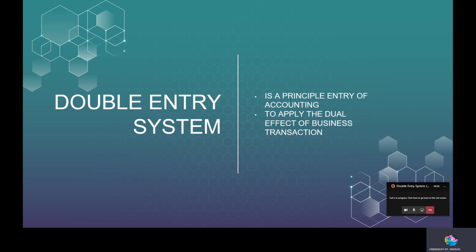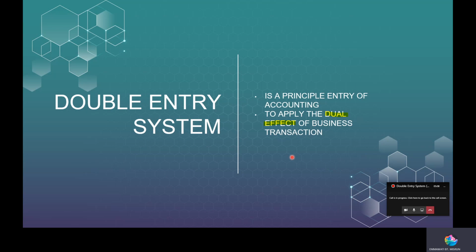This double entry system is used to apply the dual effect of business transactions. I would like to stress this terminology of dual effect. The dual effect is the concept of the principle, the rule, that requires us to open at least 2 accounts in every accounting entry we make. Dual means dual.